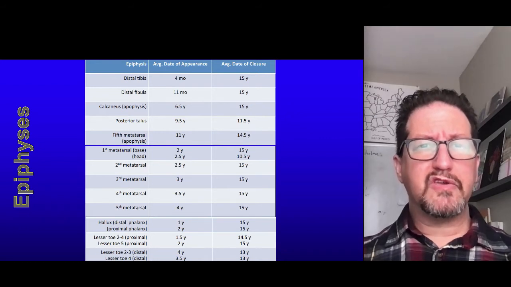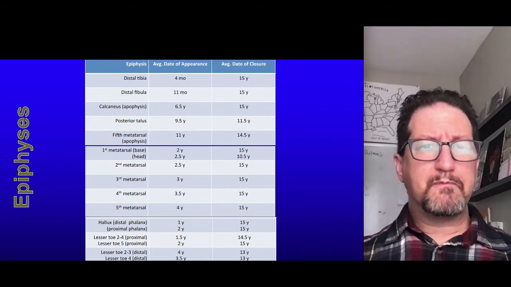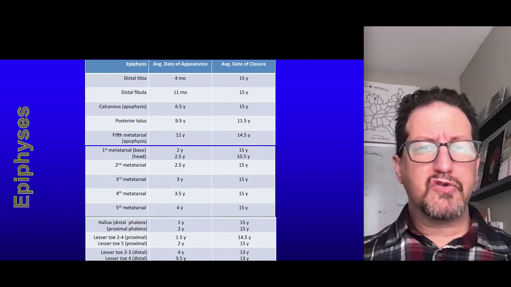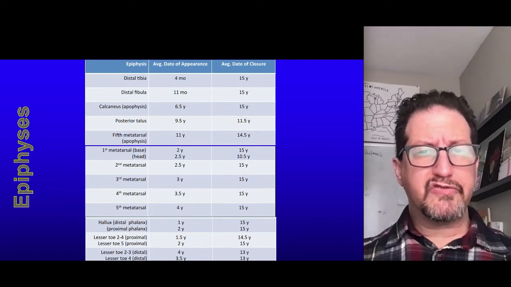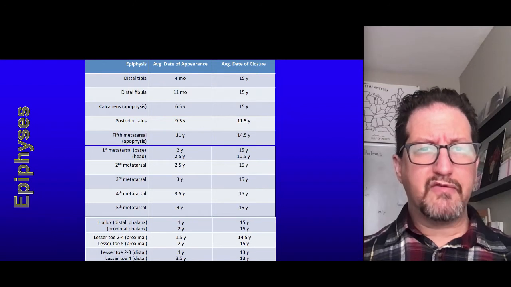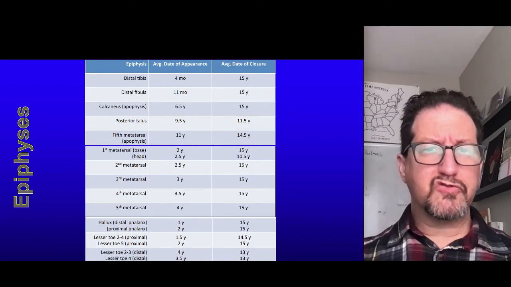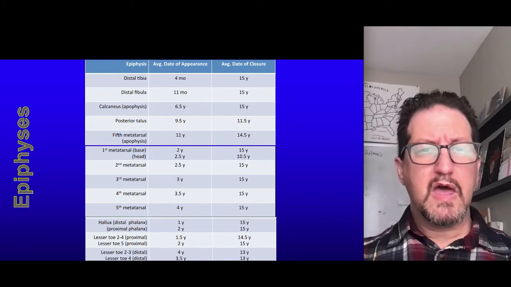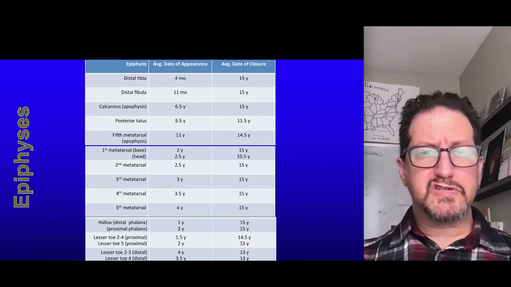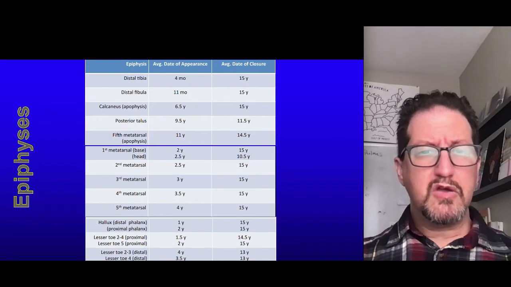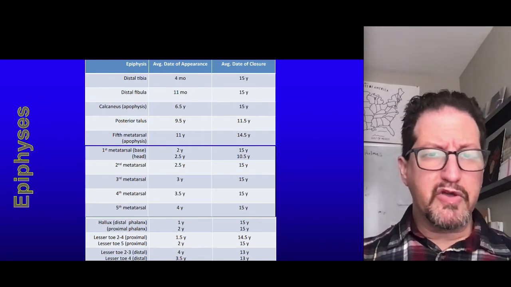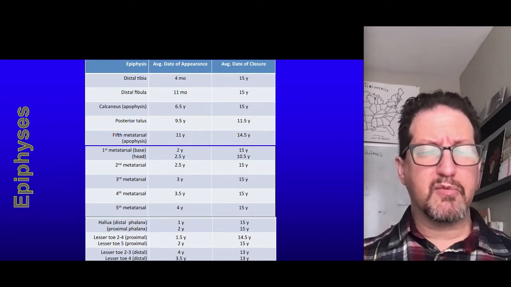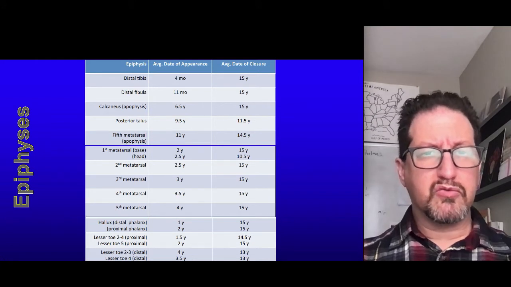If you look at these, you can see that the metatarsals all are very similar in their timing of the epiphyses, somewhere between 2 and 3 to 4 years old. And same thing with the digits. The digits are somewhere around 1 to 4 years old at the latest, but really most of them are around the 2-year-old range.